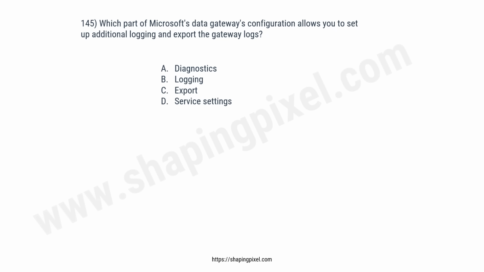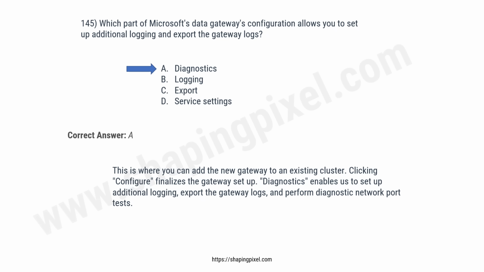So the right answer here is option A, diagnostics. This is where you can add the new gateway to an existing cluster. Clicking configure finalizes the gateway setup. Diagnostics enables us to set up additional logging, export the gateway logs, and perform diagnostic network port tests.